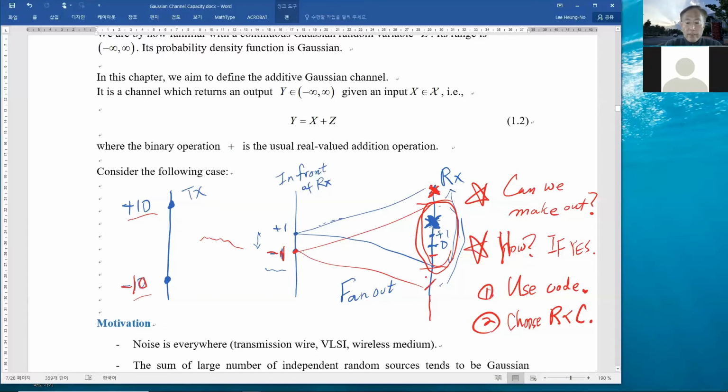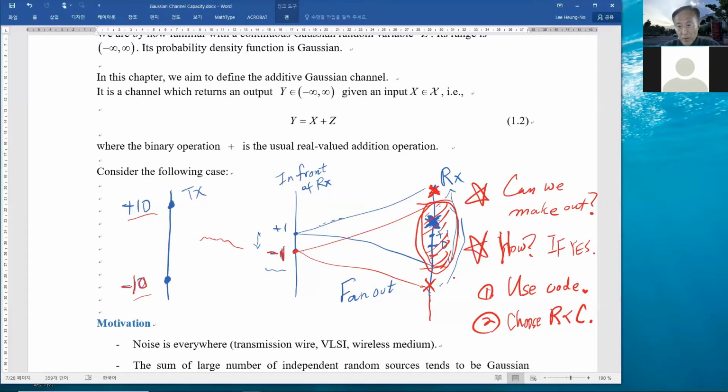Or if you have received a symbol around this area, then you could say that, aha, the -1 was sent. But here is where you have a large area of possible reception that is a gray area. So in these areas, the probability of error occurs.